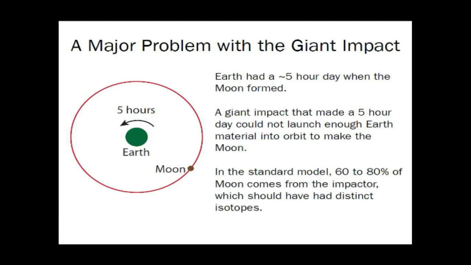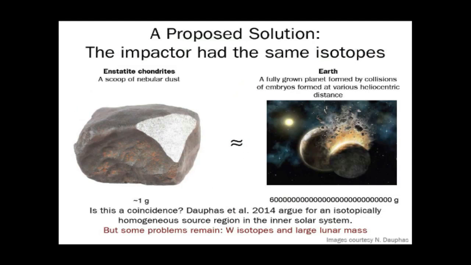And there have been 2 major ideas to solve this conflict. The first is the impactor had the same isotopes. The argument for this is a little subtle in that it asks us to consider what we cannot see in the meteoritic record.